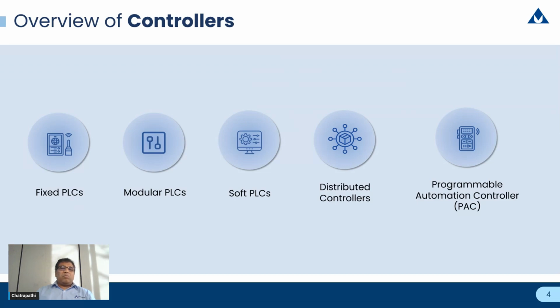They have a power supply and some fixed IOs already integrated, and they're used for very specific applications which are done in a closed loop. These are also known as compact PLCs or integrated PLCs. These are the simplest forms of PLCs.